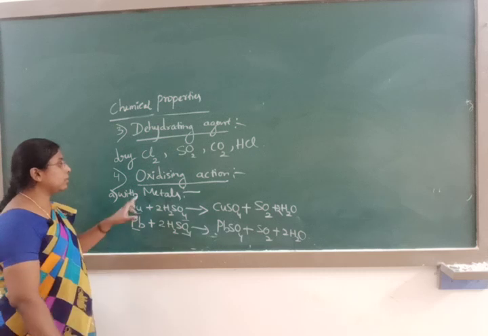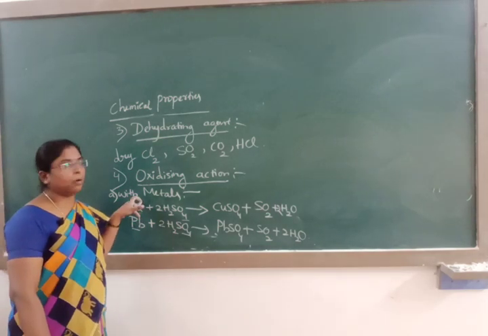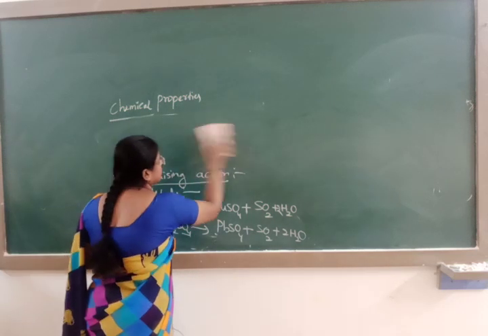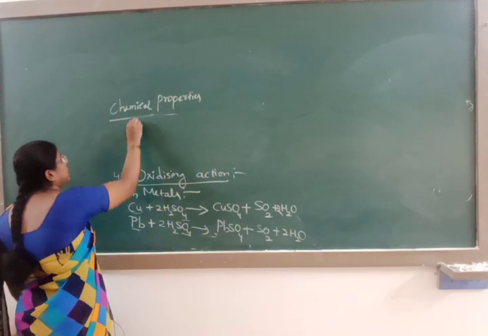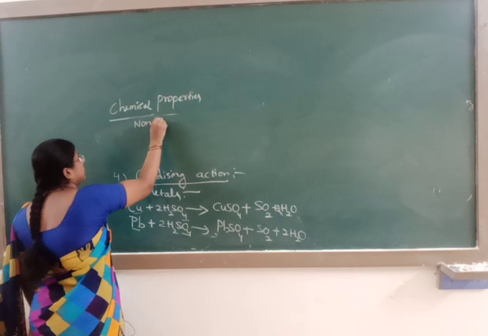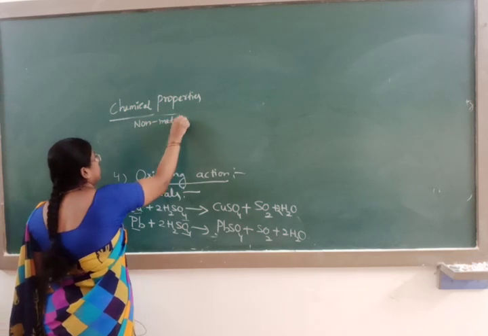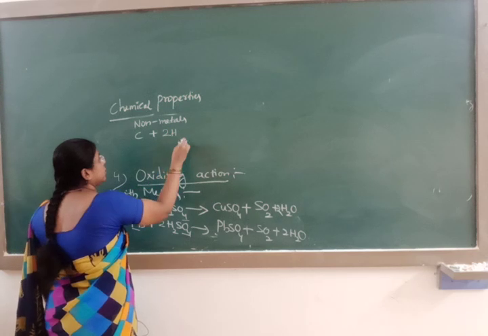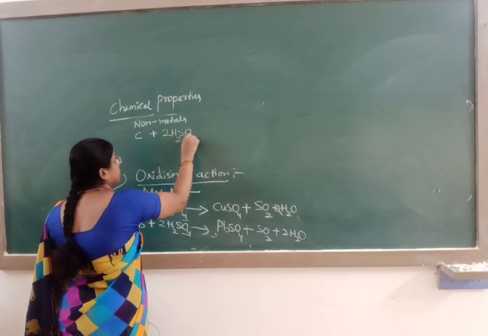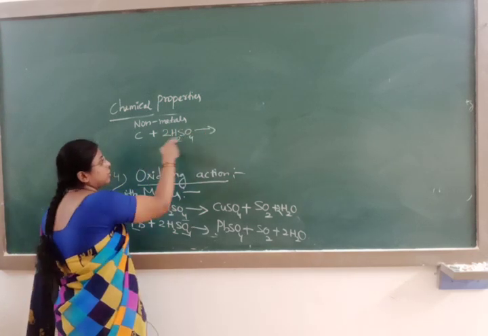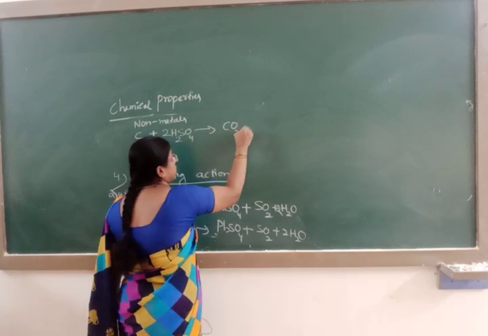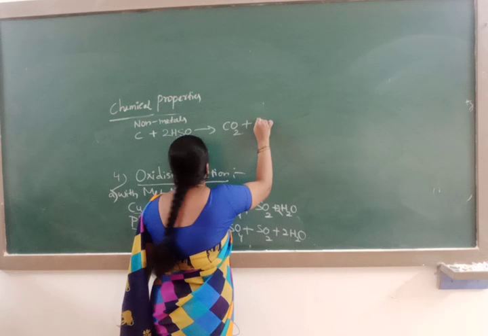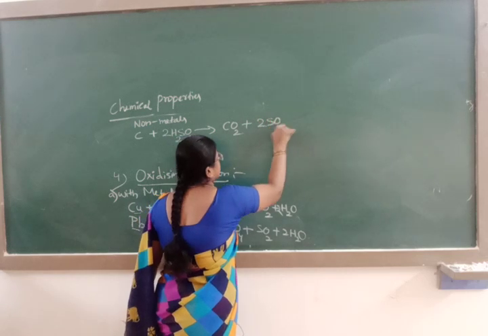Concentrated sulfuric acid also reacts with non-metals, like carbon. Carbon reacts with concentrated sulfuric acid. Carbon gets oxidized to carbon dioxide, and along with that a water molecule as well as sulfur dioxide is obtained.